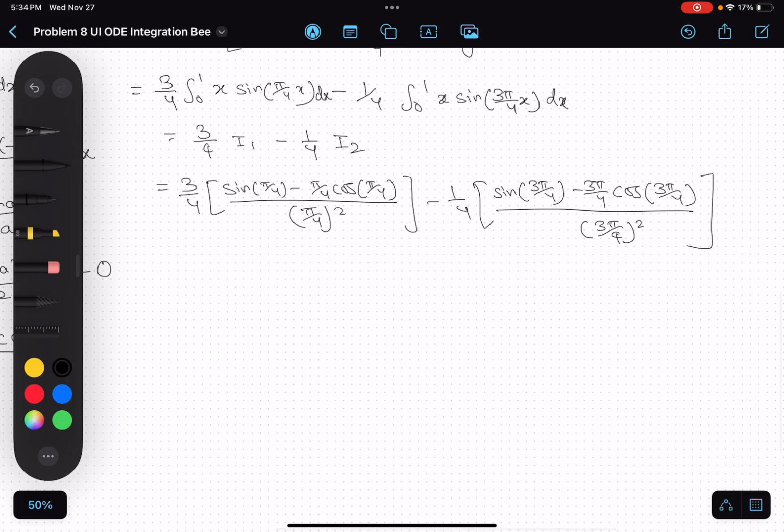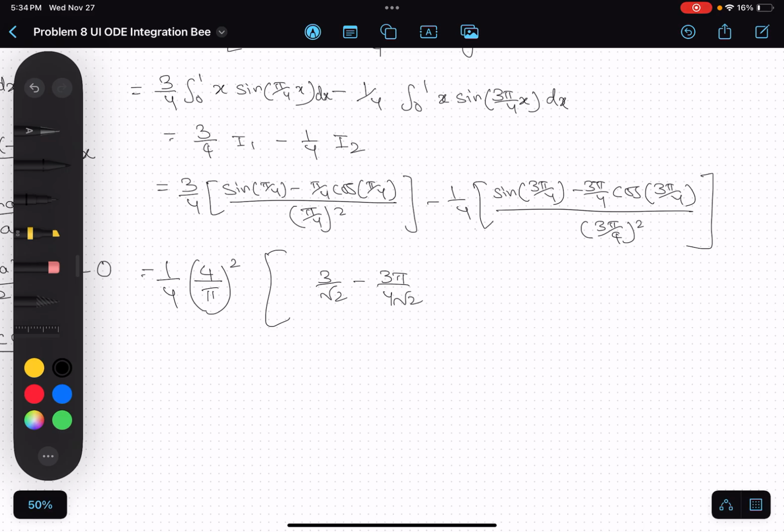Okay, now again let me take something common from both of them. Let me take this common, 1/4 times 4/pi squared. If I take this common, this will just be 3 sin(pi/4). Let me write the exact value: 3/root 2 minus 3pi/(4 root 2), right?